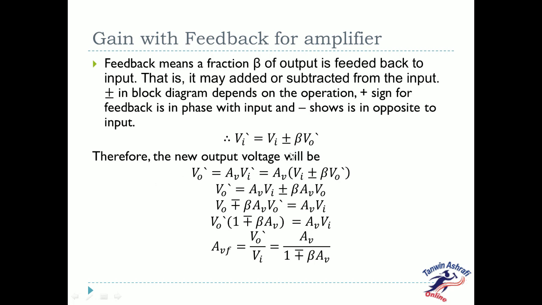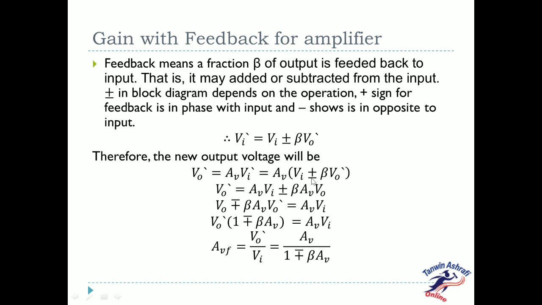The new input voltage, VI prime, is equal to VI, the actual source input, plus or minus a fraction of the output. The output voltage is AV into VI prime, where AV is the amplifier gain, the open loop gain without feedback.